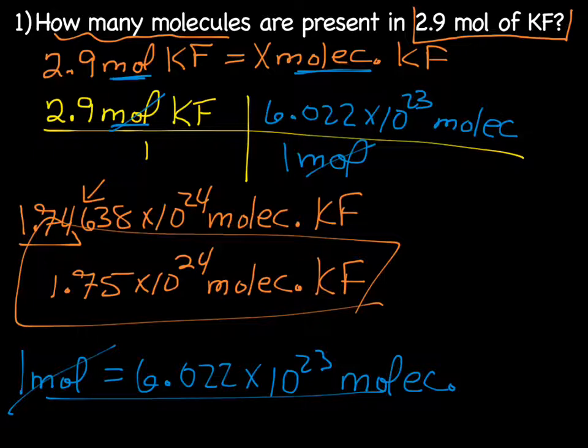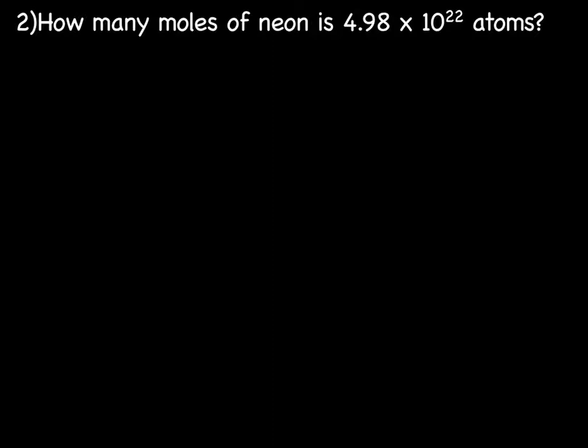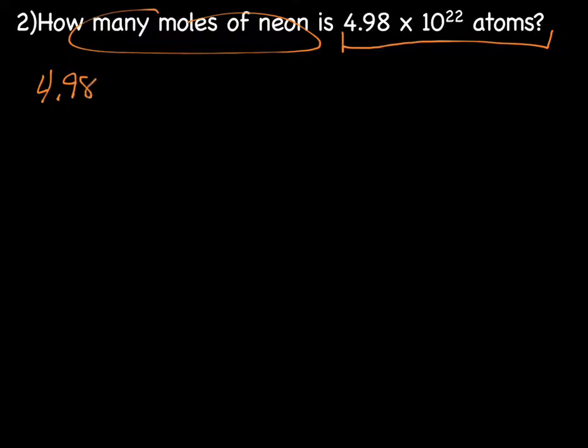Why don't you hit pause and try number 2. So once again, we start by writing our math problem. This time we know how many atoms of neon we have. What we're trying to find out is how many moles that is. So my math problem will be 4.98 times 10 to the 22nd atoms of neon equals X mole of neon.